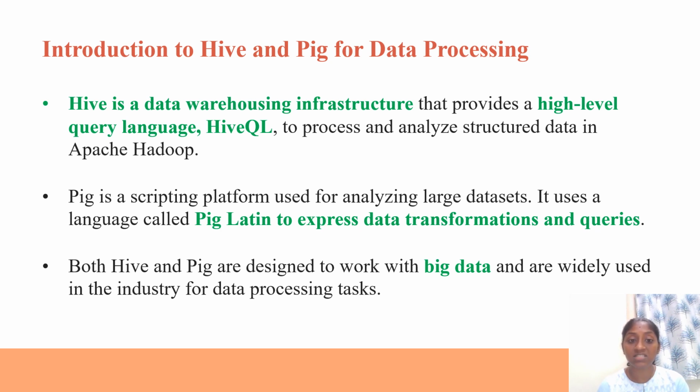Pig is a scripting platform which is used for analyzing large data sets. It uses a language called Pig Latin to express the data transformations and queries. Both Hive and Pig are designed to work with big data and are widely used in the industry for data processing tasks.